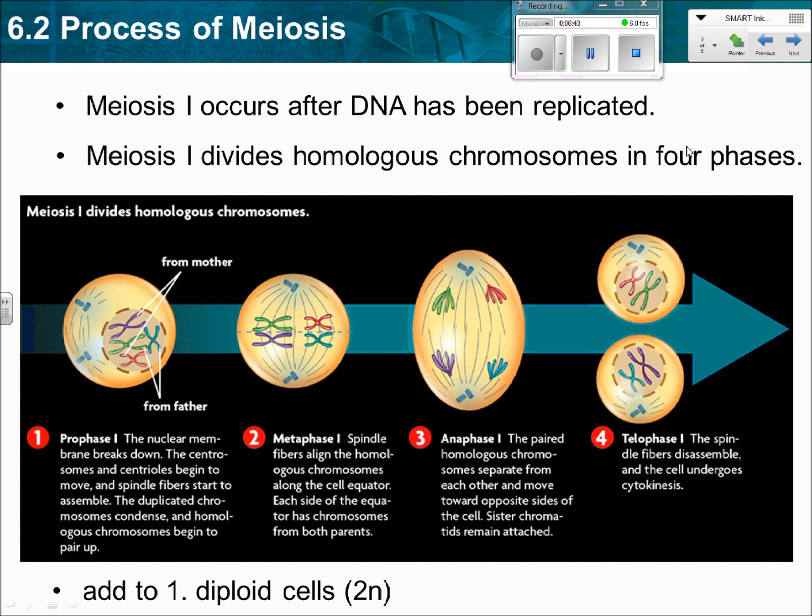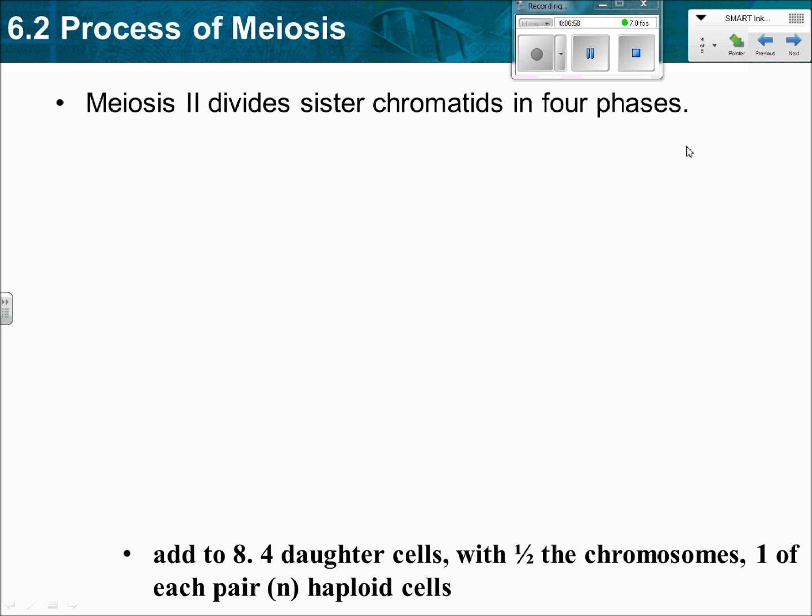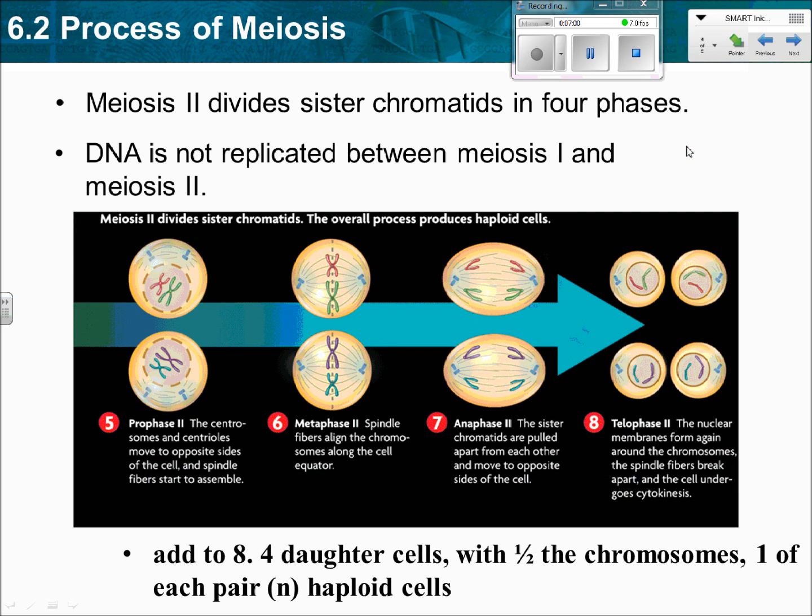Can I go? This should sound familiar. Prophase, metaphase, anaphase, and how do you guys keep that memorized? PMAT. And this was division 1. Okay, now what? What do these look like, you guys?